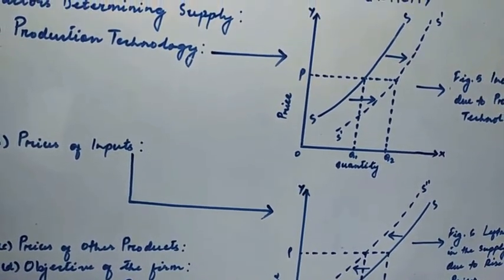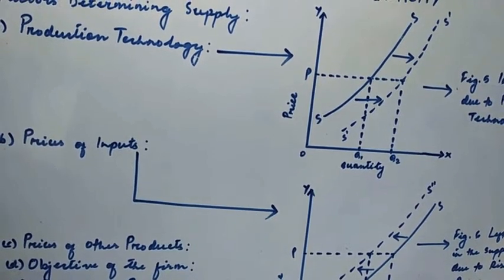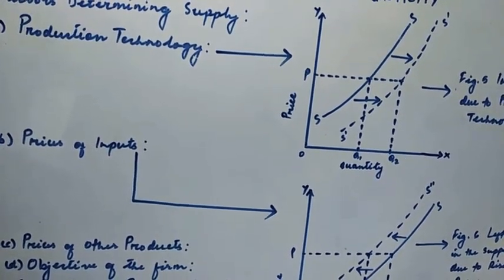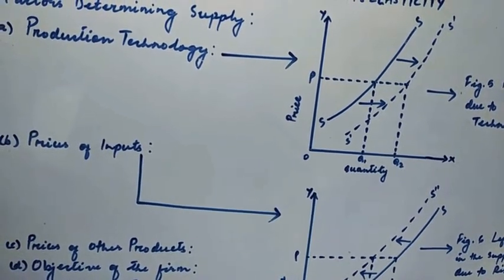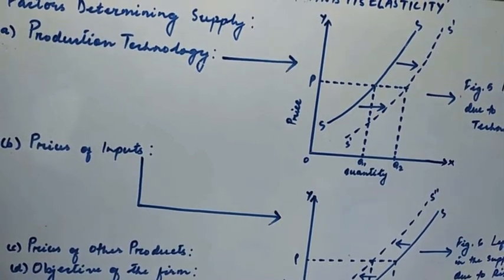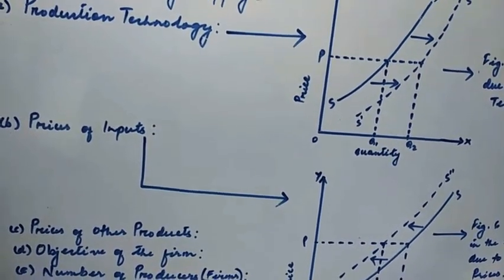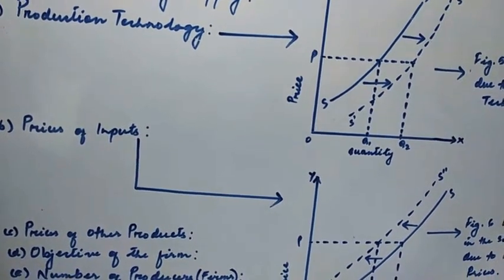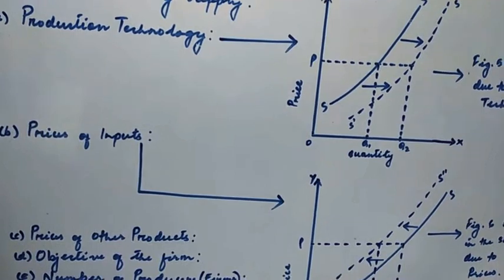So when there is an increase in the wages of labor, or the prices of raw materials or fuel go up, the effect will be felt on the marginal cost. So the cost of production will rise. With the higher marginal cost of production, less would be supplied than before at various prices.